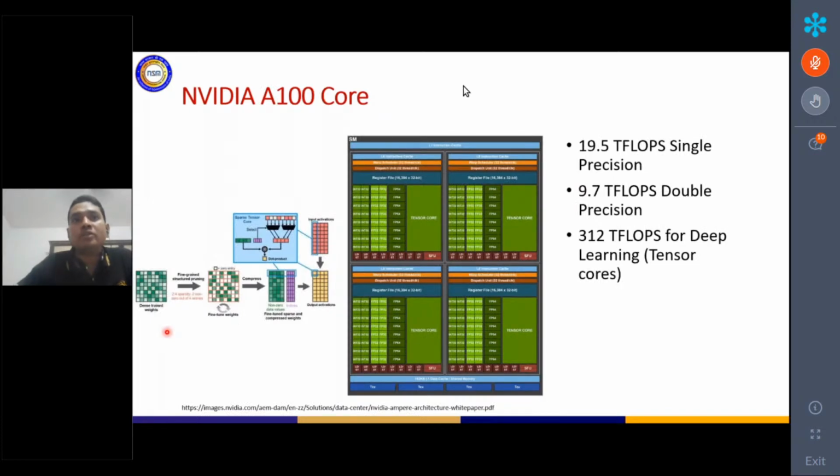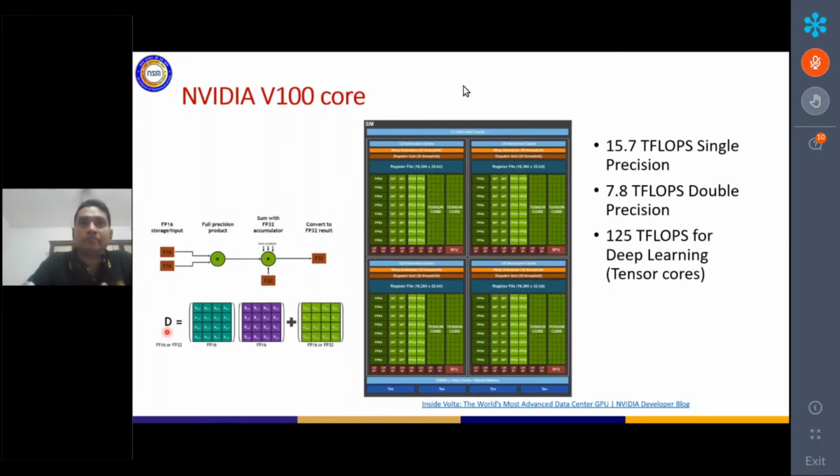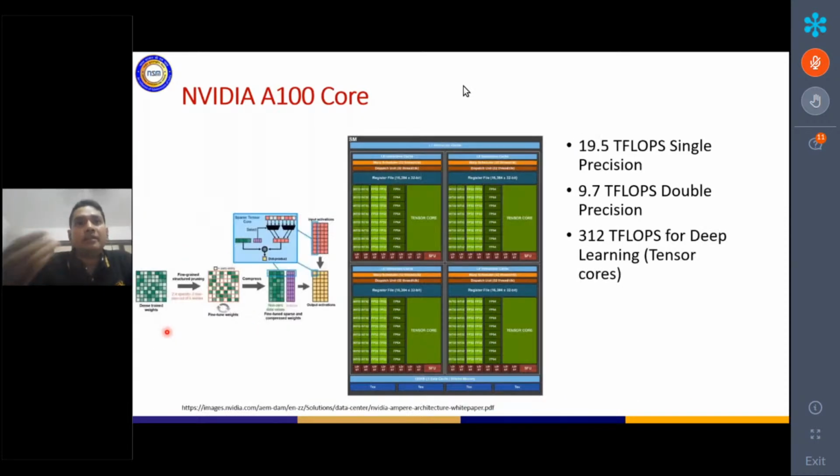Now we are talking about tensor cores. That was the core available in the previous generation of NVIDIA GPUs, which is V100. And then we now have the Ampere series of GPUs. Here in the cores, you can see the shared register file.